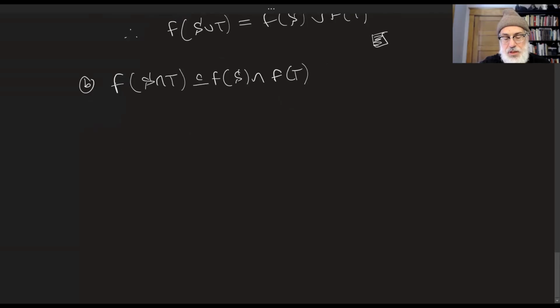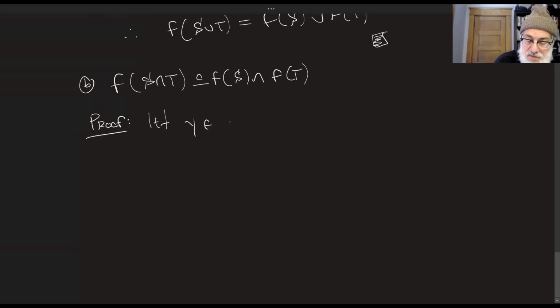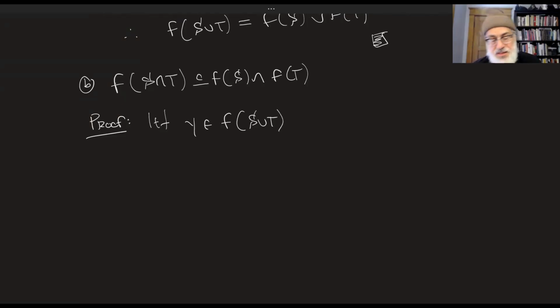And again, when we are showing set containment, we're going to suppose an element exists and then show that it exists in the other. Let me write that better. We're going to suppose an element y exists in f of s intersect t. Now you could skip this part by just saying that I have some f of x, but I like this way.